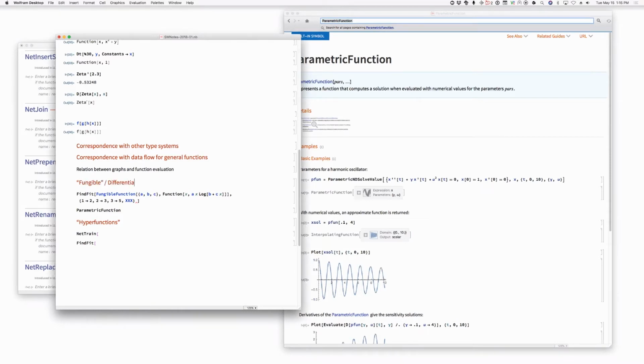It may not be differentiable, etc. functions. Actually, a better term here will be meta functions. So these are functions like NetTrain, functions that operate on these other functions. That do a pattern.